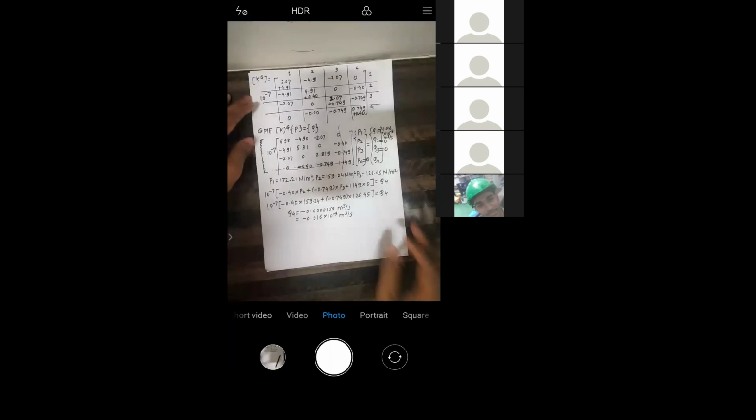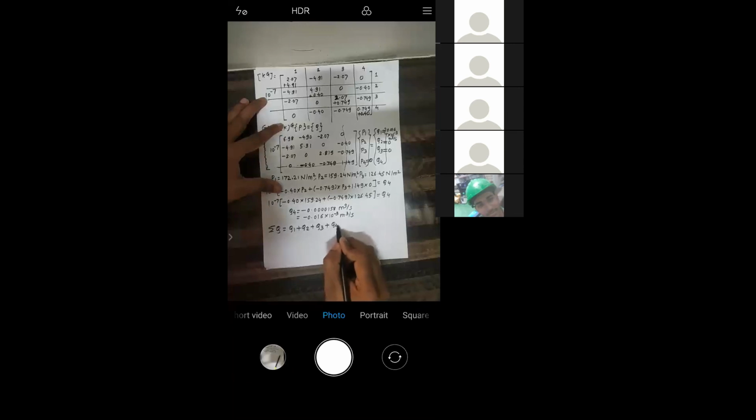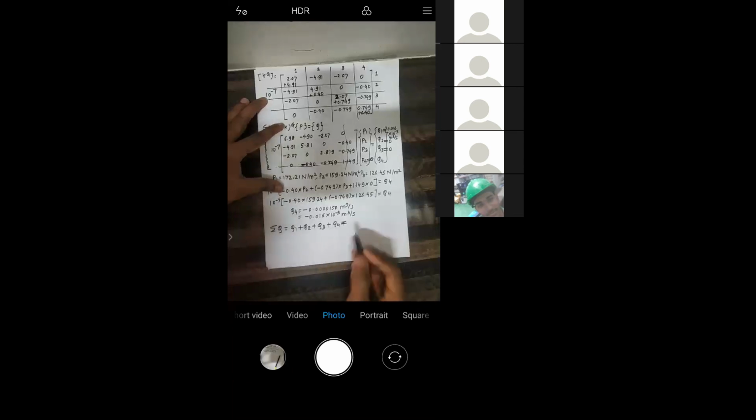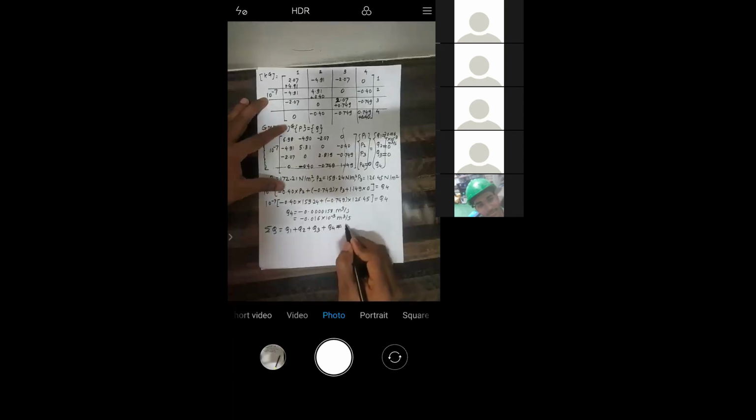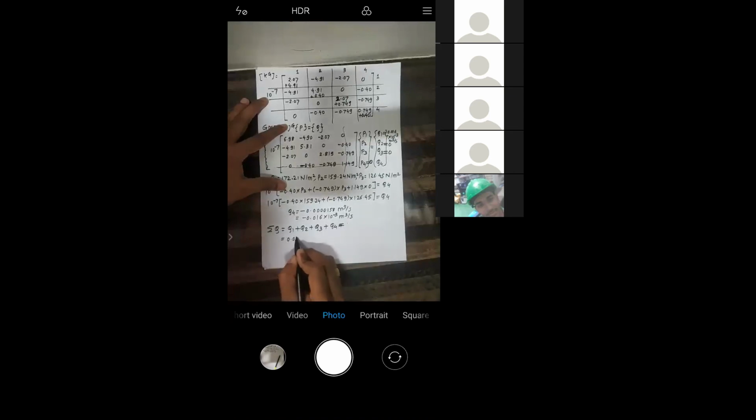Okay, so if you take the summation of flow, that is Q1 plus Q2 plus Q3 plus Q4, it will come as 0.016 into 10 raised to power minus 3 plus 0 plus 0 plus minus 0.016 into 10 raised to power minus 3.